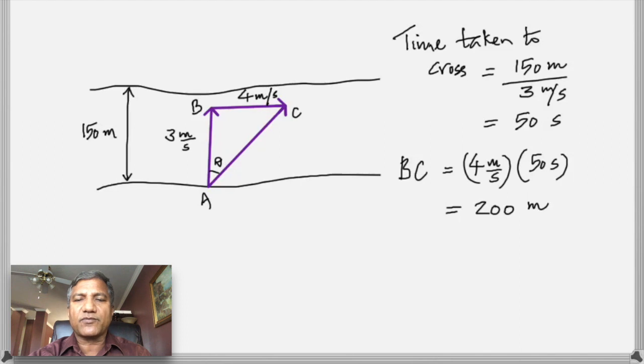If the river was flowing faster, the time taken across is still 50 seconds, but the swimmer will be carried more downstream. If it's 5 meter per second, the swimmer will be carried downstream by 250 meter. So I hope that makes things more clear. What's important is to remember to keep the x and the y separate from each other. All right, let's move on to the next one.